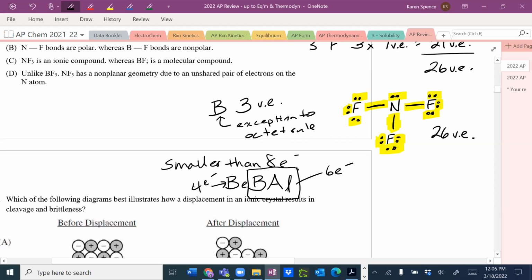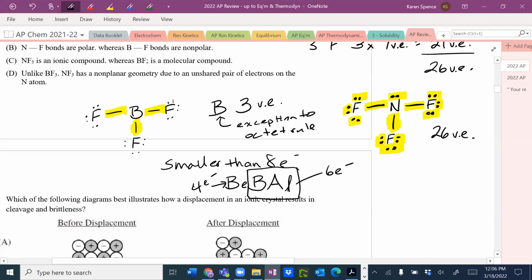So if we look at boron, let me attach it to some fluorines. Boron is like, oh, look, I have my 6 electrons. I have 2, 4, 6 electrons. So I don't need more. Don't give me more. And I'm just going to fill up the rest of it. 2, 4, 6, 8, 10, 12, 14, 16, 18.